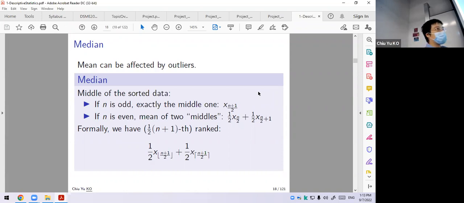Suppose we have 3 data points, n is 3. The first, second and third observation. The exact middle one is the second. That's no problem. The problem is when we have an even number of observations, say 1, 2, 3, 4, and the middle will be 2.5, right?